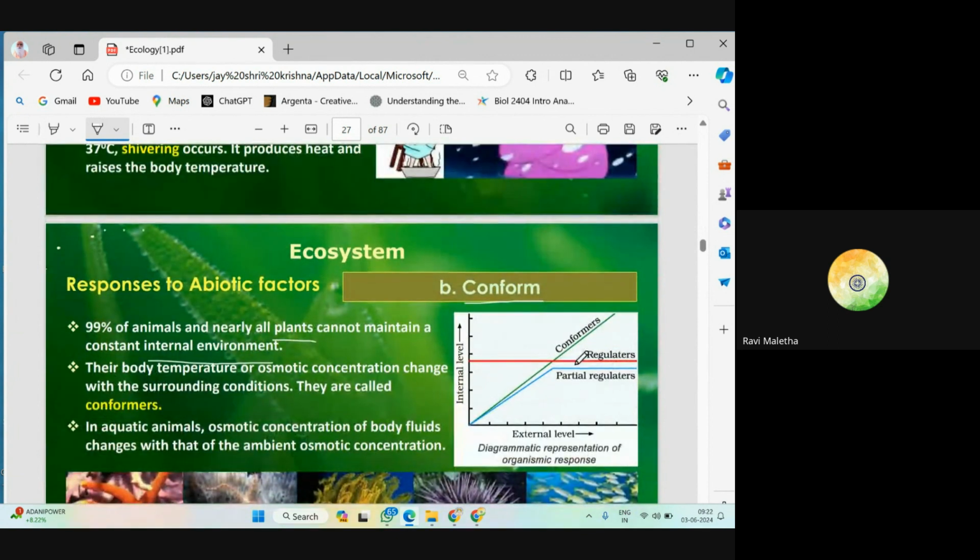For example, just see this, don't see this graph. I will just make a new graph to make you understand. This is the internal environment and this is the external environment.